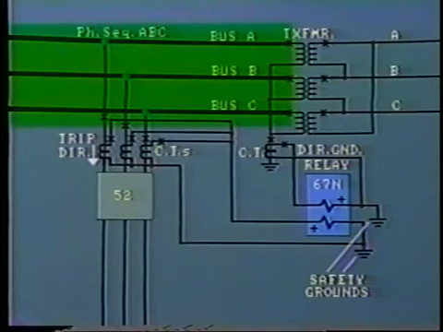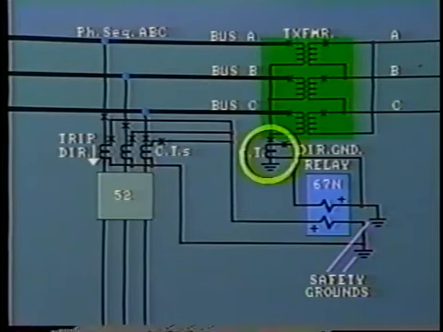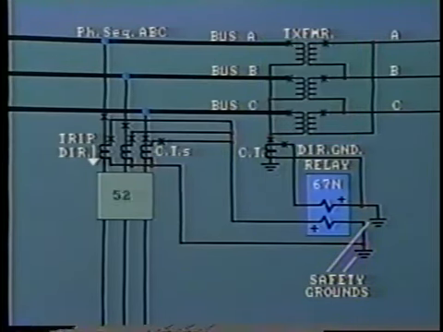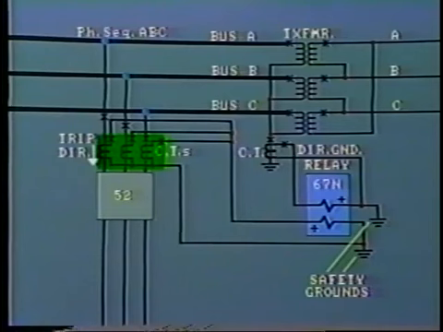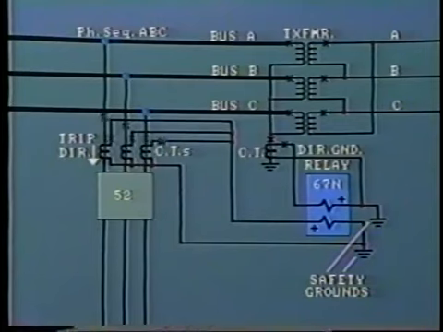This 33 kilovolt bus is being fed from the secondary of the transformer, which is Y connected and has a grounded neutral. The outgoing feeder is protected by this breaker, and the three line CTs are connected to the sensing coil of the directional relay. Note the polarity of the CTs is clearly marked on the schematic.